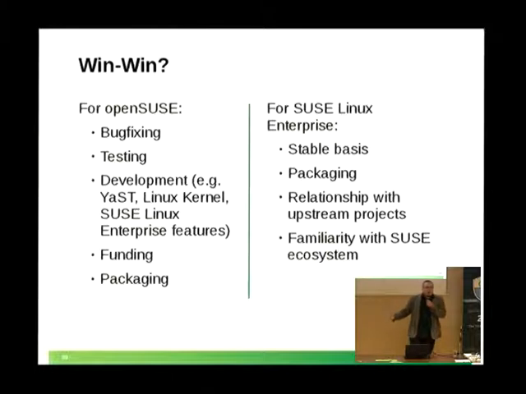What do we get? We get a stable basis for our development, and we basically also get the development environment for most of our engineers. We also get packaging because we also take packages that the community builds and integrate them into our product.